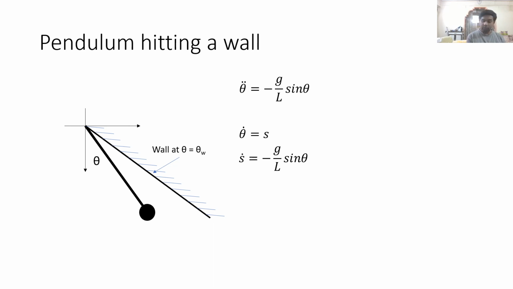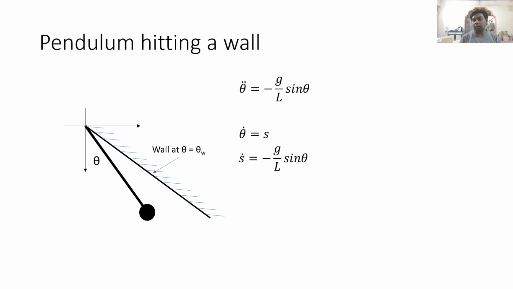And then there will be a collision. Depending on the nature of the collision, if it is purely elastic, the pendulum bob will bounce back with the same velocity. But if the collision is inelastic or partially inelastic, then it will lose some kinetic energy, so it will bounce back with a slightly lower velocity.